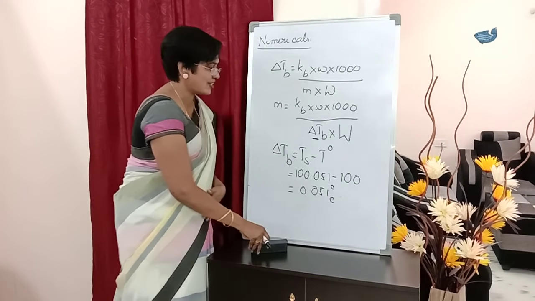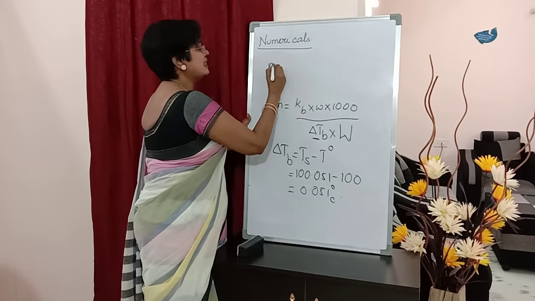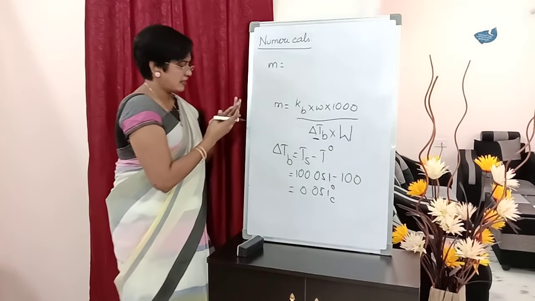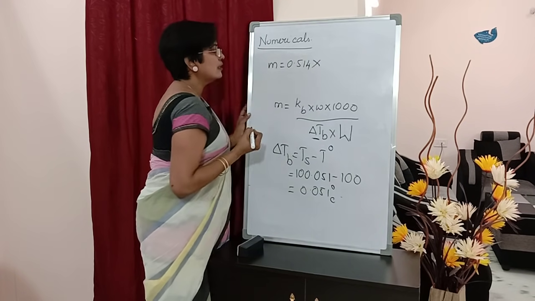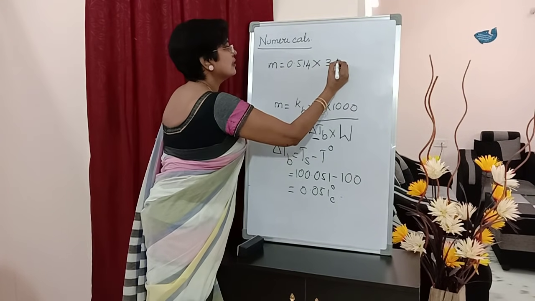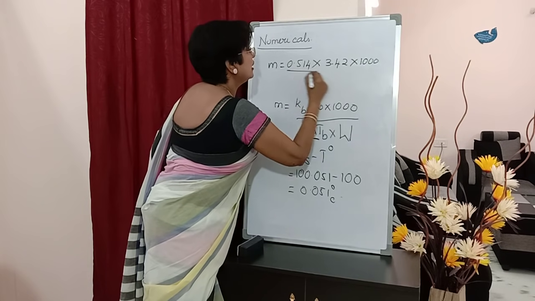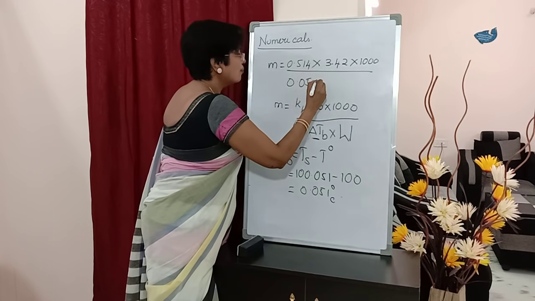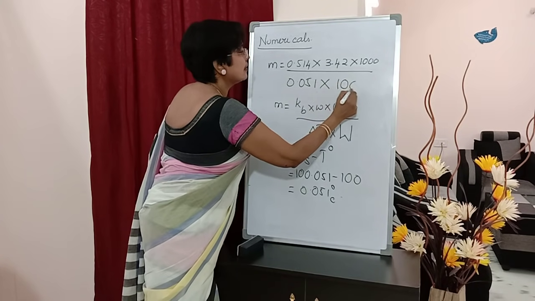Shall we? Right. So write down, students. M is equal to, Kb is given as how much, students? 0.514 into small w, 3.42 into 1000 divided by delta Tb, 0.051, into capital W is 100.